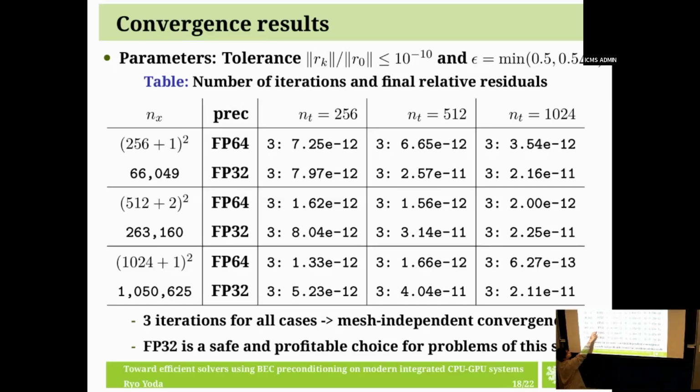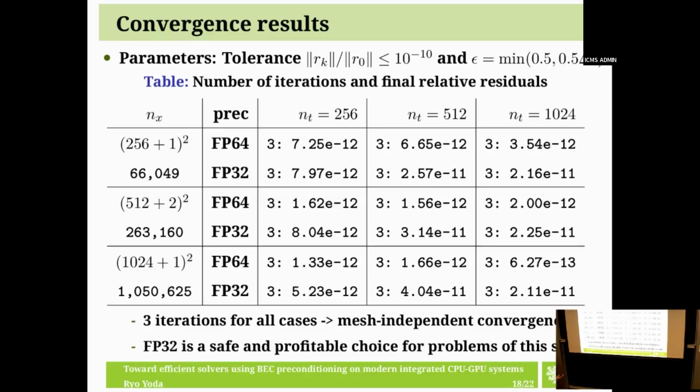The preconditioning is double precision or single precision, and we change the spatial resolutions and the temporal size, with the domain fixed. Firstly, we focus on the number of iterations here.